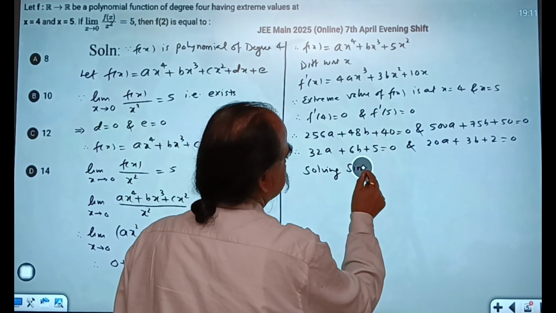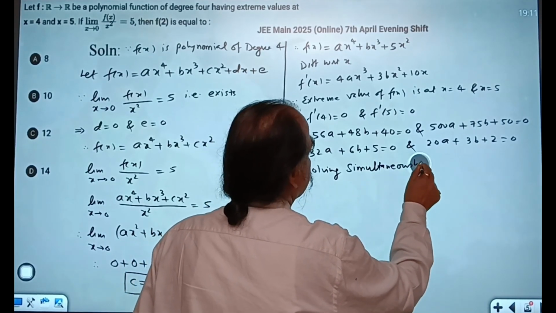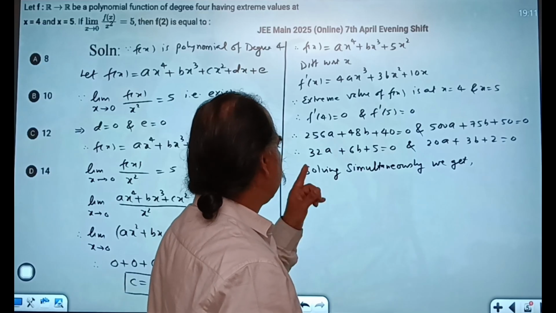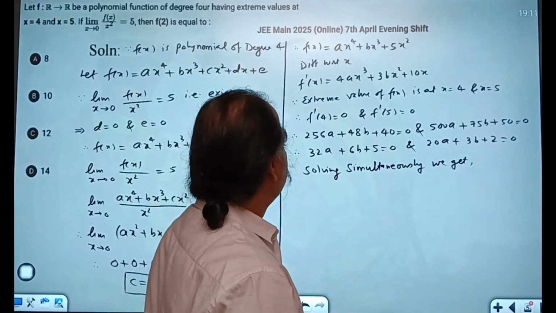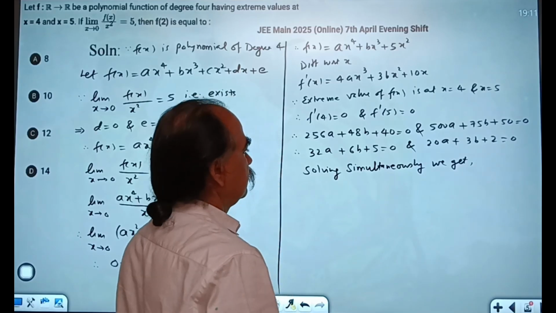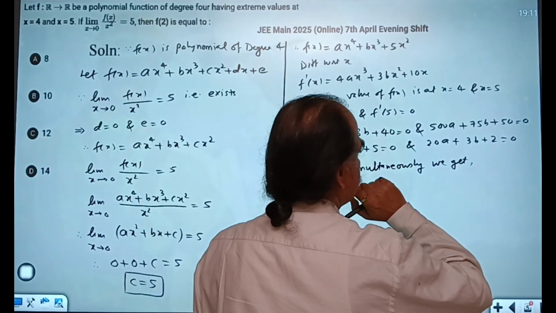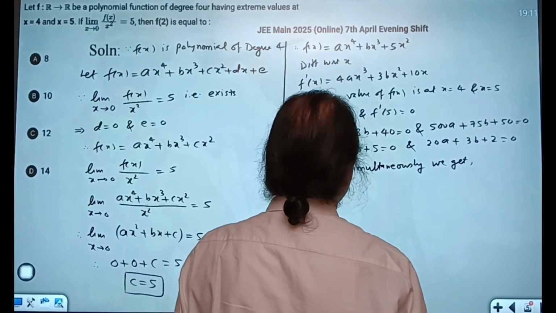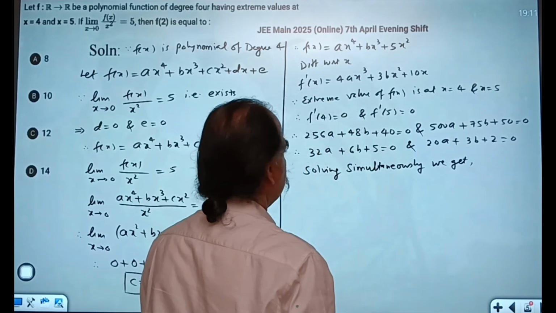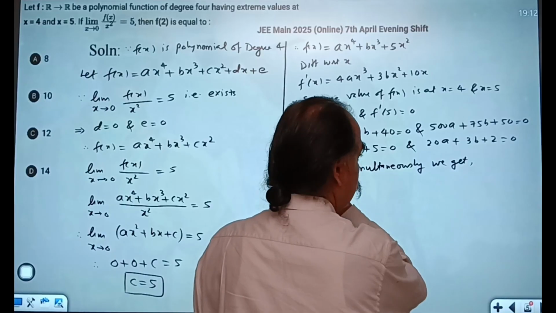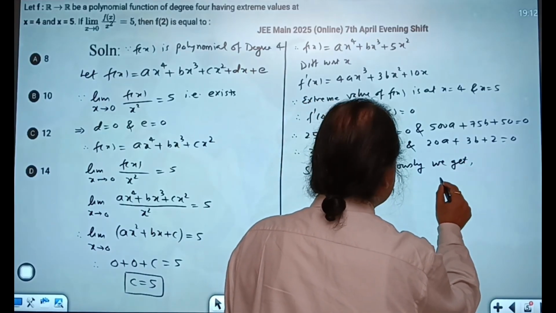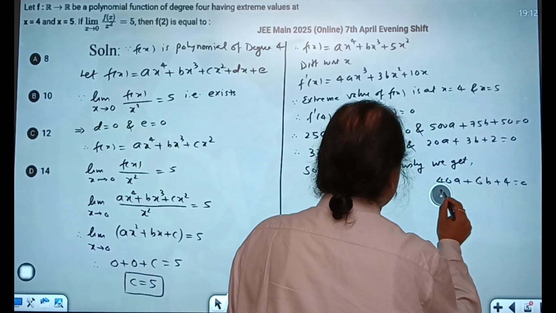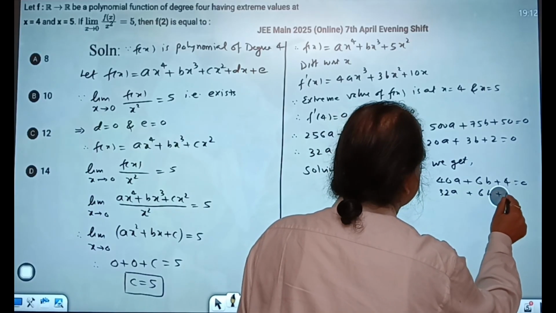Solving simultaneously, we multiply by 2 here: 40a plus 6b plus 4 is equal to 0, and this is 32a plus 6b plus 5.